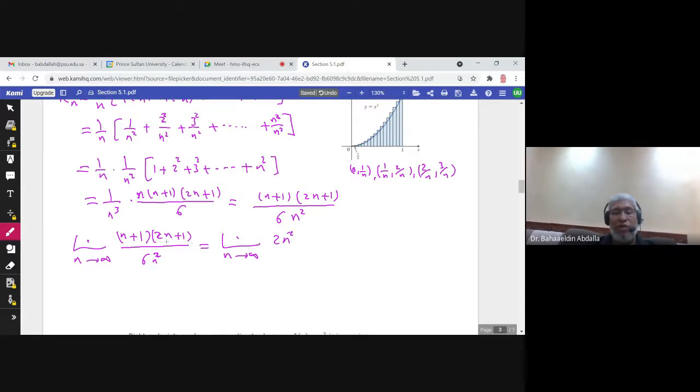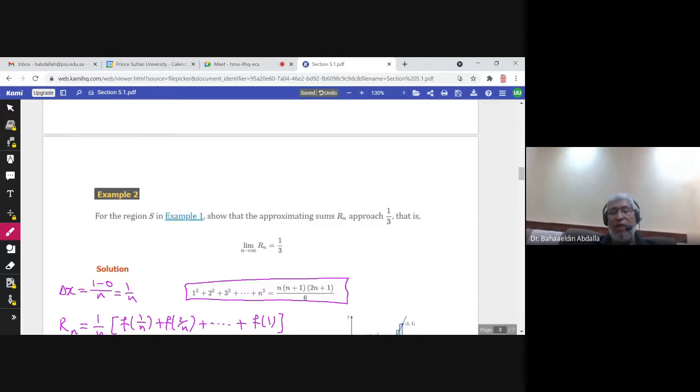If you multiply these two parentheses, the highest power would be n times 2n squared over 6n squared. So n squared cancels with n squared, and you have 2 over 6. And the limit of 2 over 6 when n approaches infinity is just 2 over 6 or 1 over 3 because there is no n here. So this is the proof that the limit of Rn when n goes to infinity is 1 over 3.